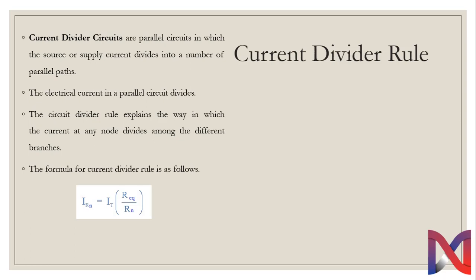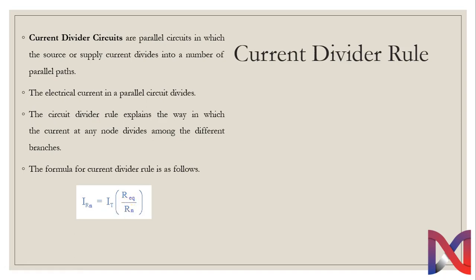Here you can correlate the current divider rule formula with that of the voltage divider rule. In voltage divider rule, we had VRN is equal to VT multiplied by RN divided by R equivalent. However, here in current divider rule, we have IRN is equal to IT multiplied by R equivalent divided by RN.